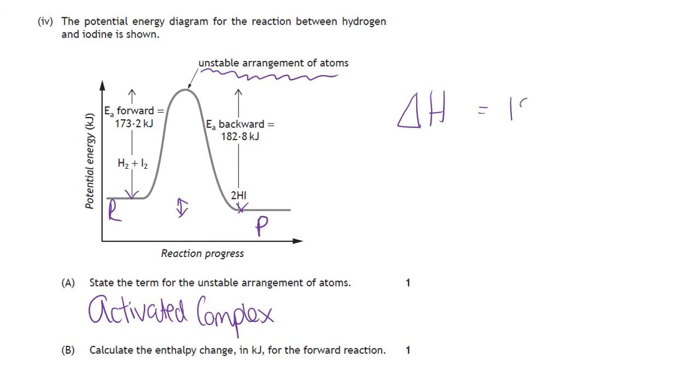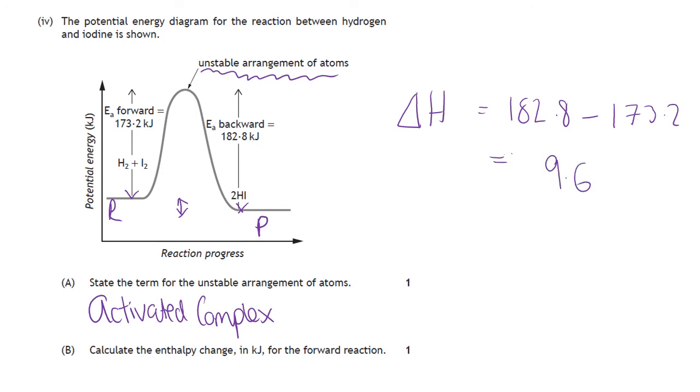So it's going to be 182.8 minus 173.2, which gets us 182.8 minus 173.2 equals 9.6.